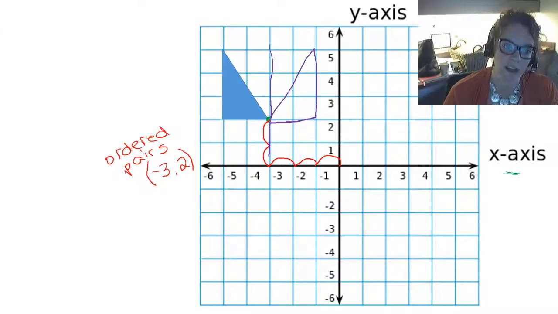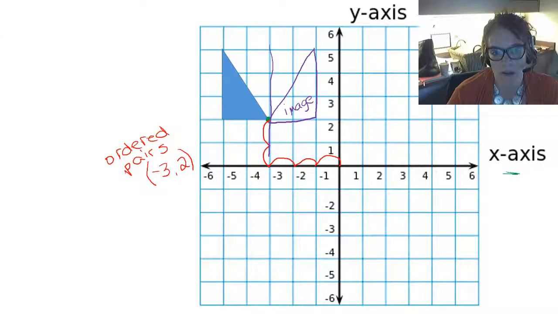And so now this is called the image. I-M-A-G-E, image. Usually the points on the blue triangle would have a name. They would maybe call it point X, point Y, and point Z.